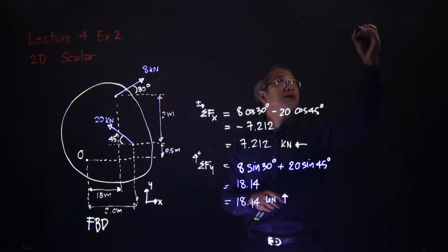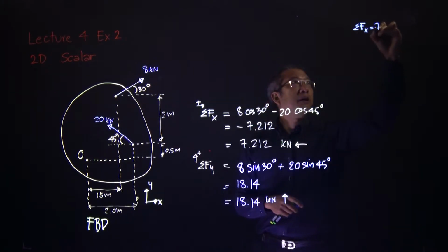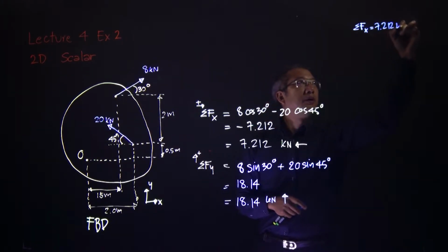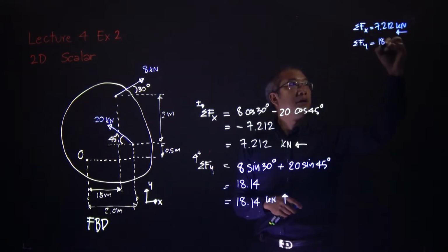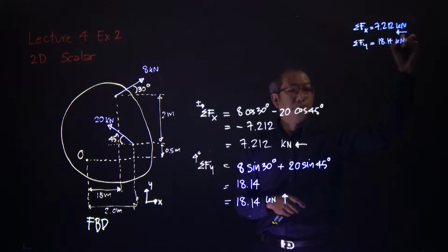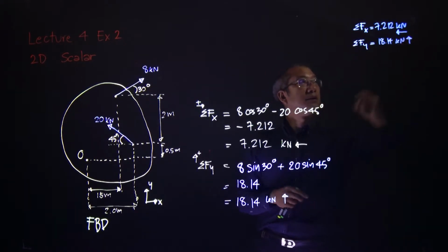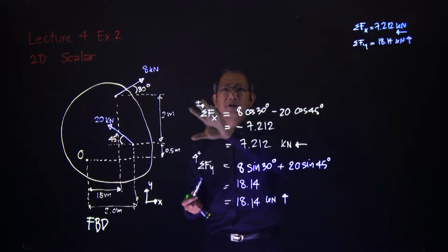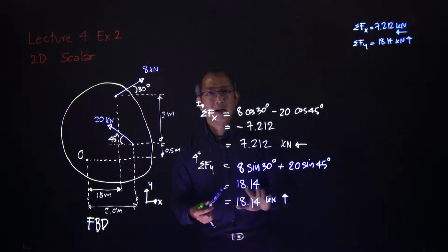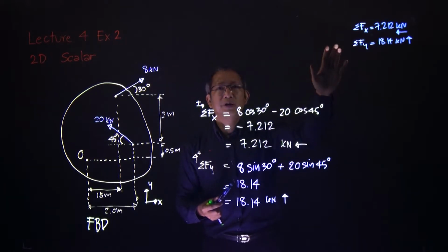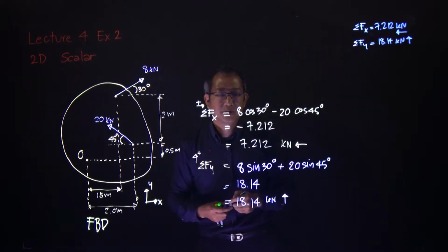So sigma Fx here is equal to 7.212 kilonewton to the left, and sigma Fy here is equal to 18.14 kilonewton upwards. Okay, I will clear this out, and then we can start calculating the next step to combine these two forces into one so that we can get to our answer.